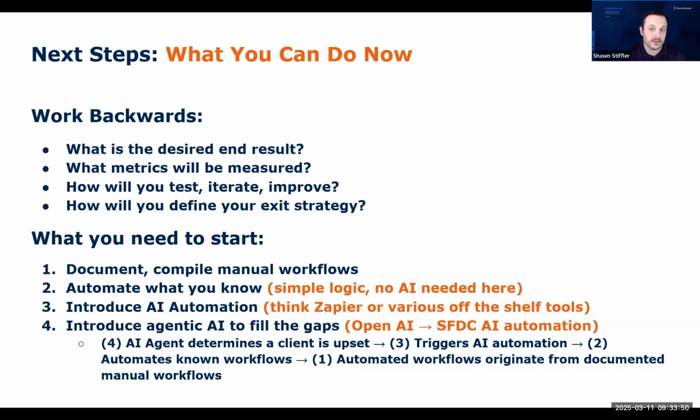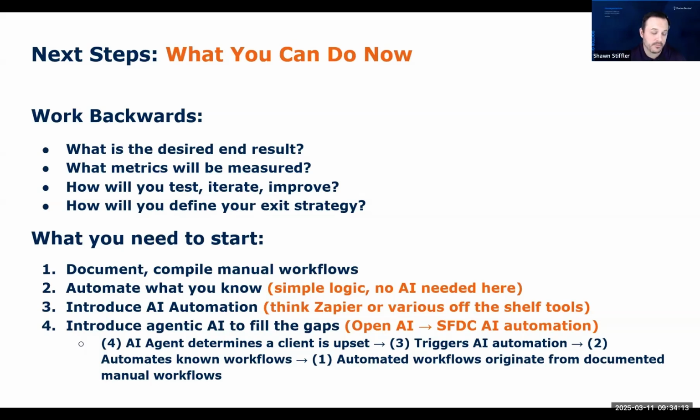Now, what I believe you need to start, depending on where you're at with your journey, is start with your manual workflows that are documented, compile it and understand it, and then determine what's an easy win that is very repeatable, that we likely believe we can deploy some automations against, and then AI, and I'll walk through an example here.